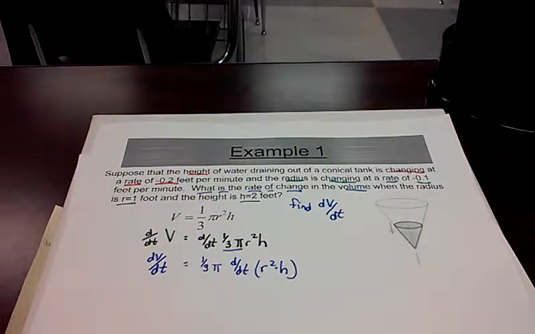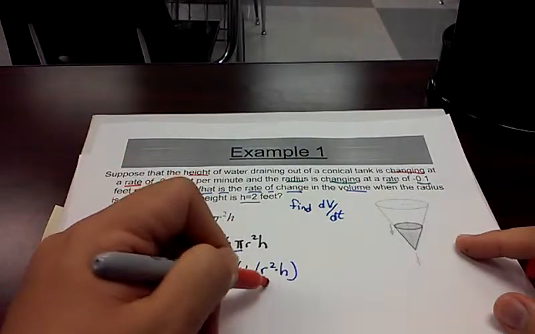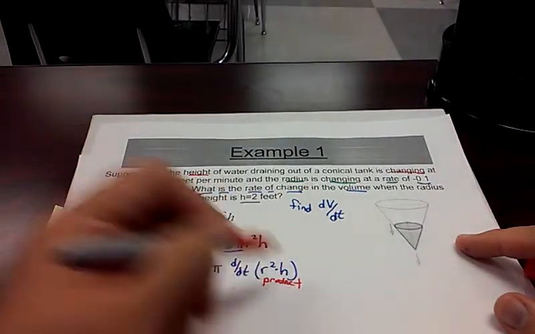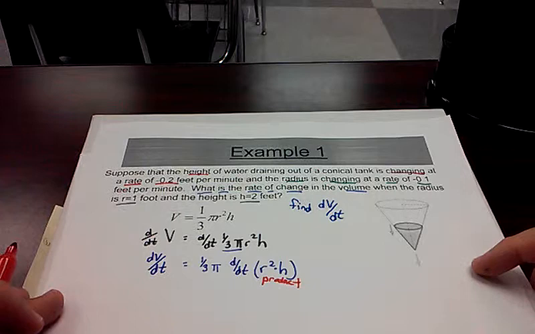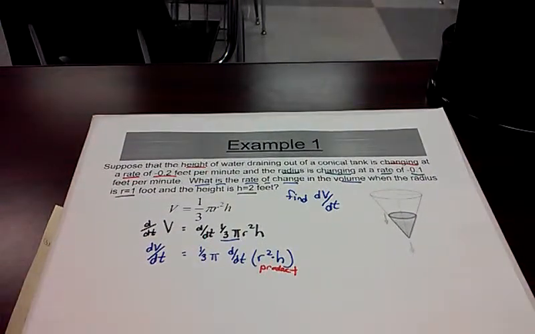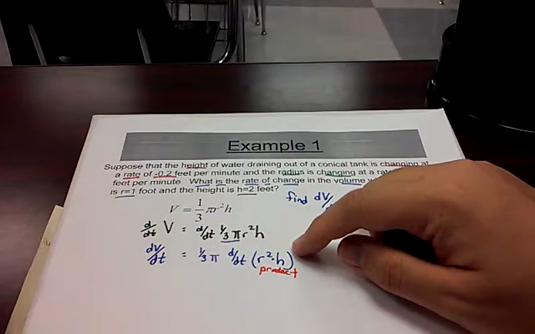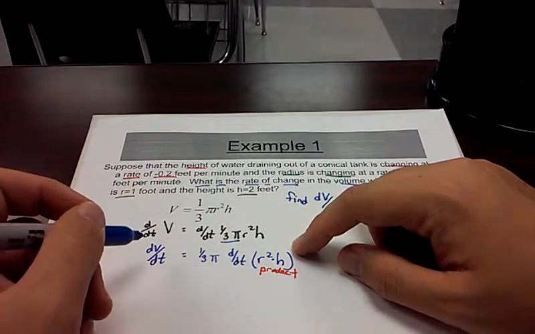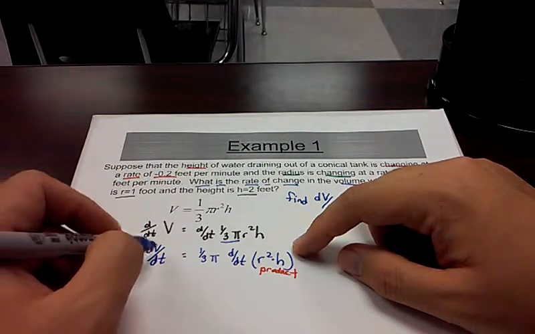So notice, guys, that that is a product, so we're going to have to use the product rule. First times derivative of the second plus second times derivative of the first. Notice that it's with respect to t, so the variables do not match. So whenever I take the derivative, I'm going to have some extra stuff here. So let's go ahead and write this out.